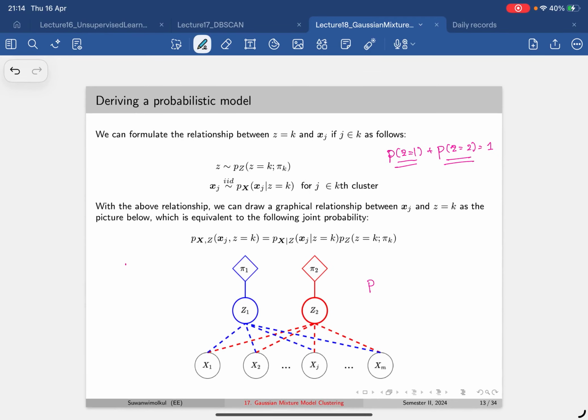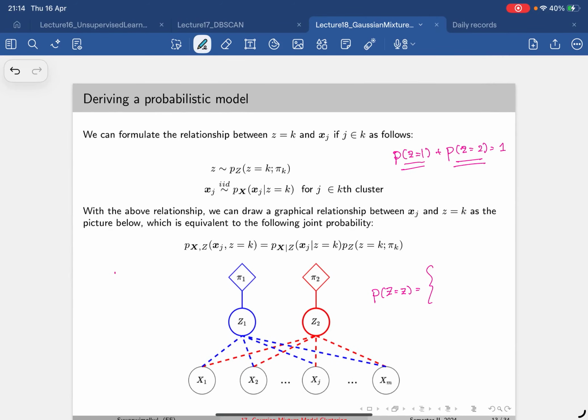So for example, P of Z equal to z, that's how we normally write it. Z equal to 1, Z equal to 2. Then this one is pi 1, this one is pi 2. So that's the probability assigned for the probability of Z.